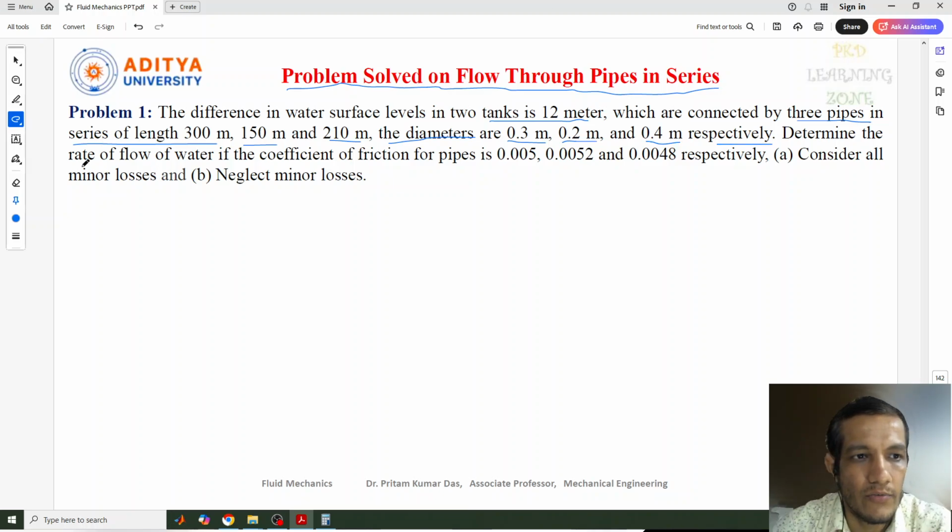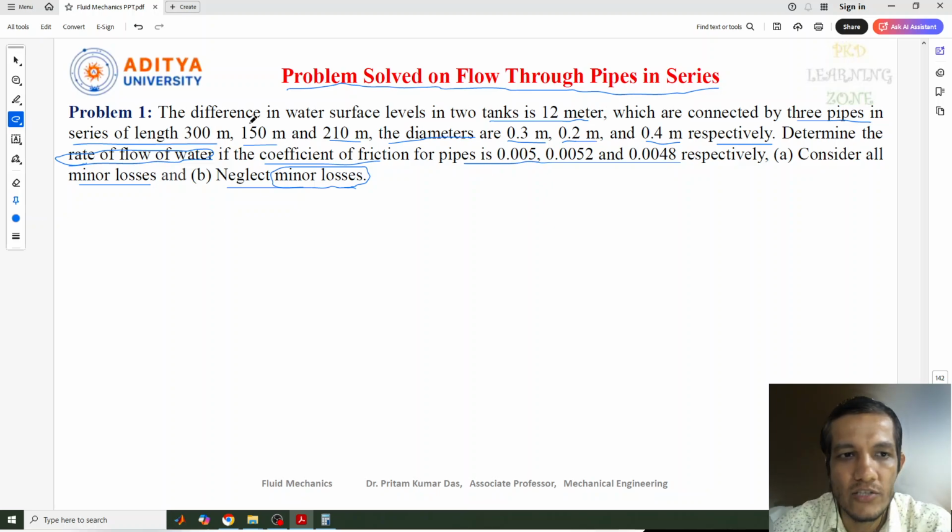Determine the rate of flow of water if the coefficients of friction for the pipes are 0.005, 0.0052 and 0.0042 respectively. Consider all minor losses and neglect minor losses. So by considering all minor losses, we need to calculate the rate of flow, and the second one is by neglecting the minor losses, we need to calculate the rate of flow.